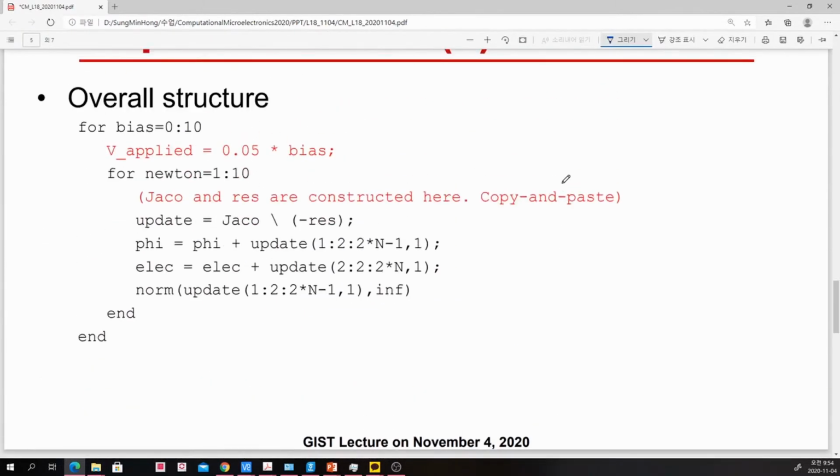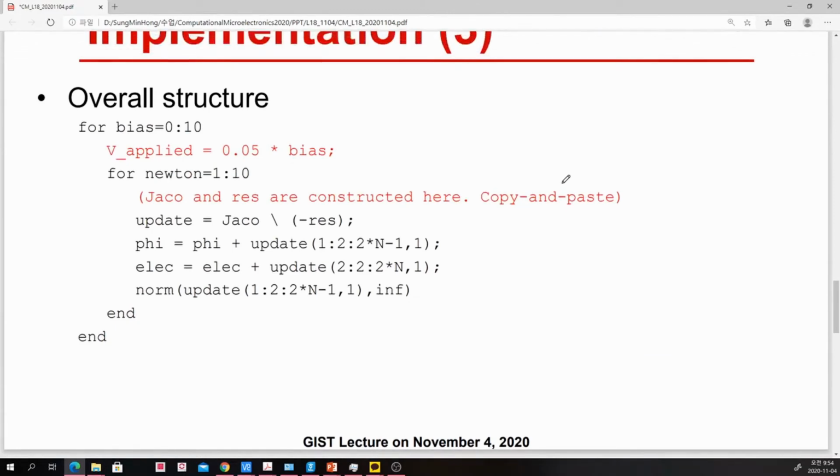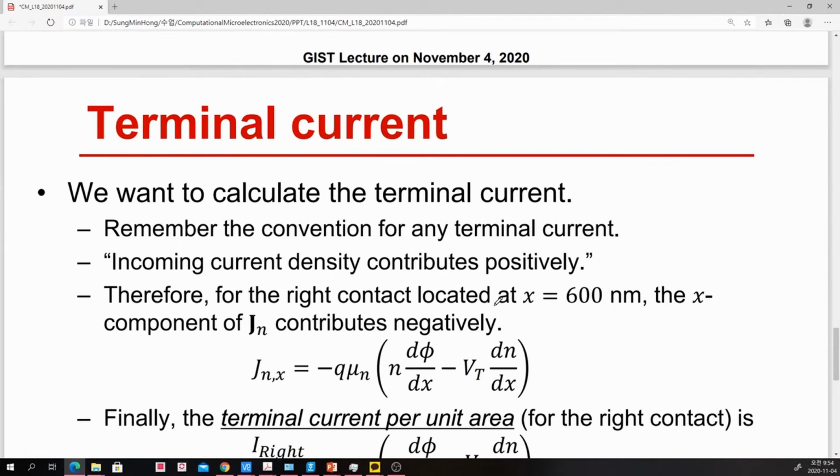So I think that's it. Your modification to your code will be really minimal. So now you can do your homework without much difficulty. The only thing you have to consider is that now you have to calculate the terminal current I. How can you calculate I?